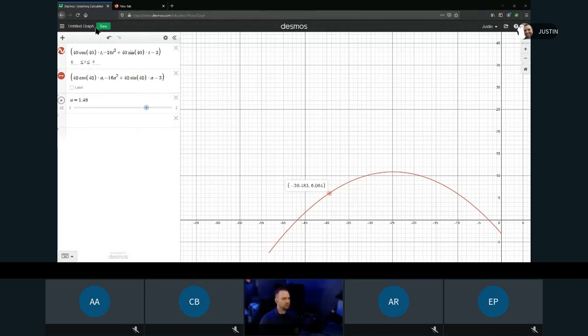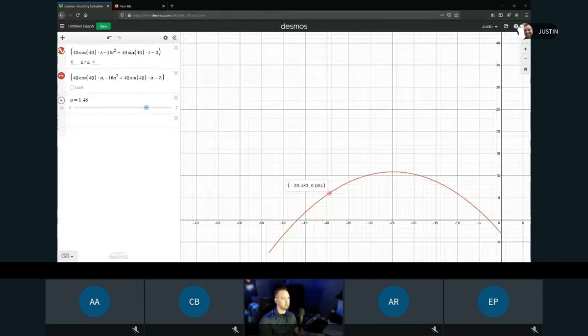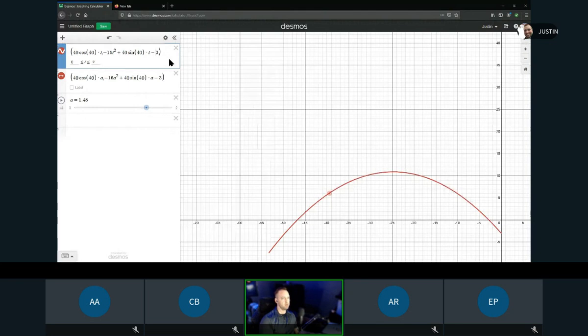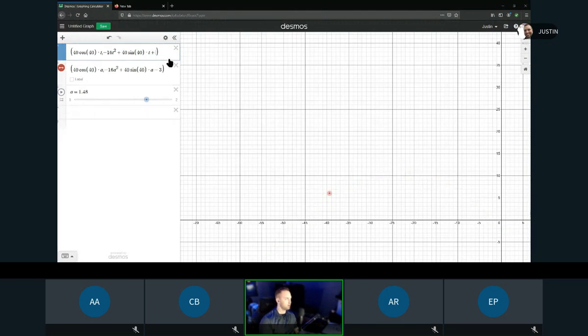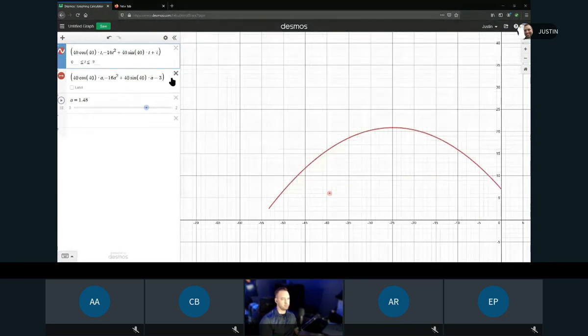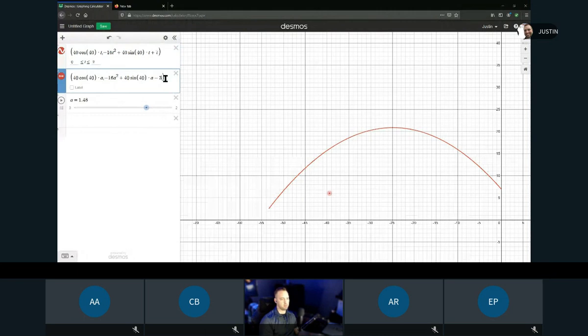Oh no, that is right. I was right the first time because we're using the original equation here, not my quadratic one. It didn't look right. Okay, so this is right.